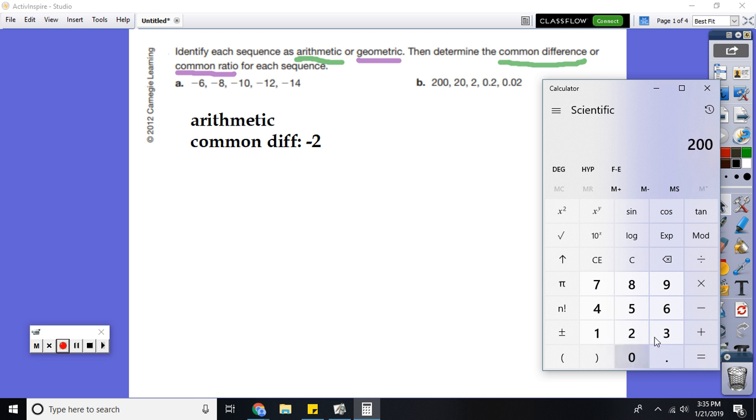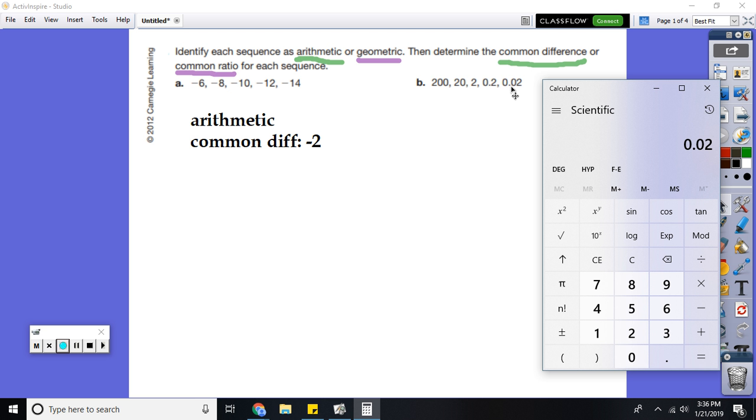So 200 times 0.1 does equal 20. I'll multiply that by 0.1, and I do get 2 times 0.1 gives me 0.2, times 0.1 would give me 0.02, so now I can see that this is geometric because I'm multiplying by 0.1 every time.